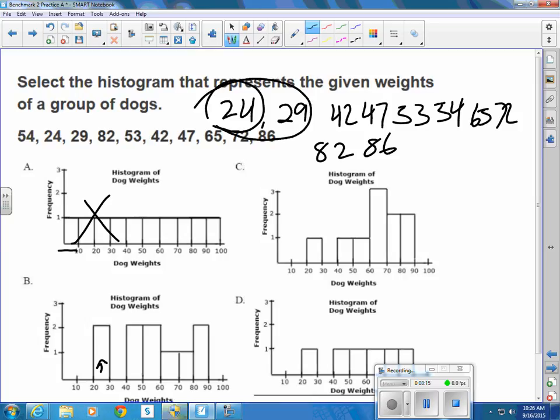That could be that one. We don't have any in the group between 30 and 40. That matches. We have 2 in the group from 40 to 50. That matches. 2 in the group from 50 to 60. That matches. 53 and 54. 1 in the group from 60 to 70. It's looking like this one right here.